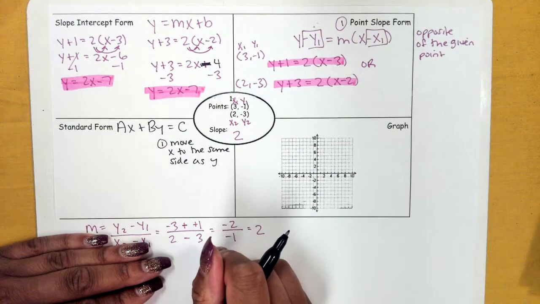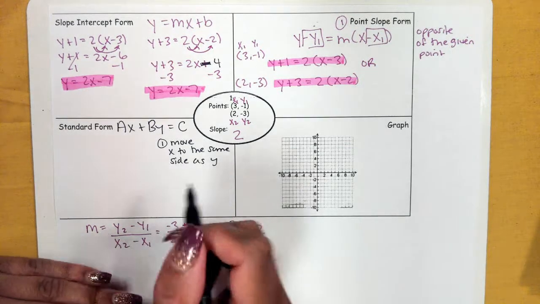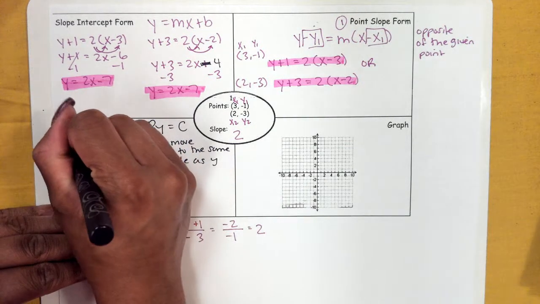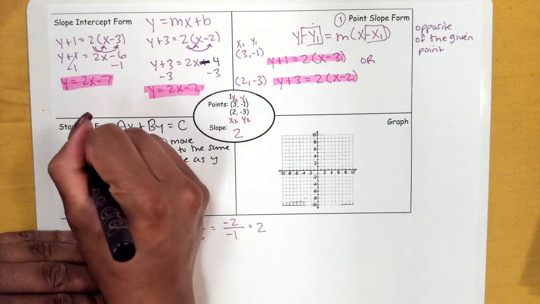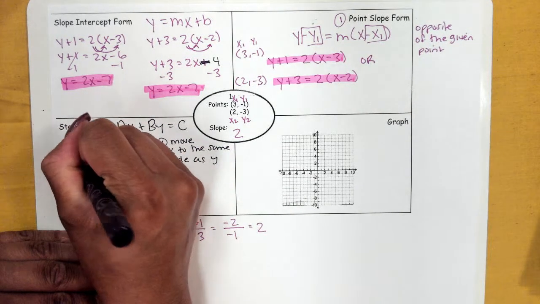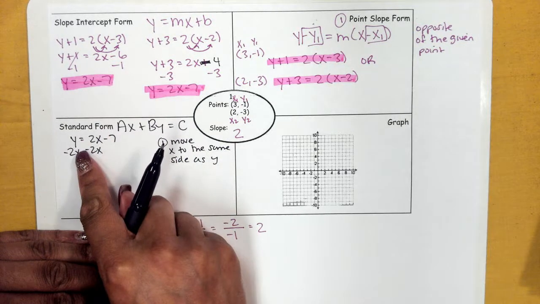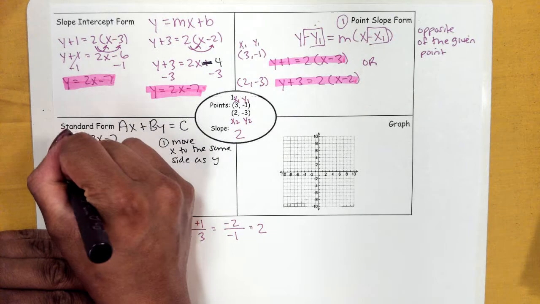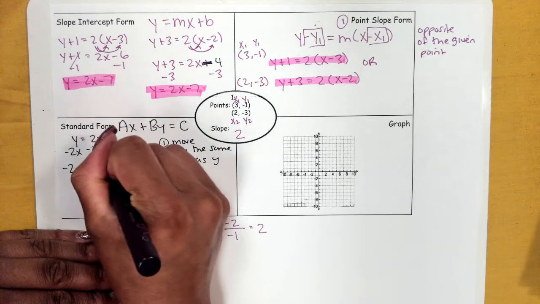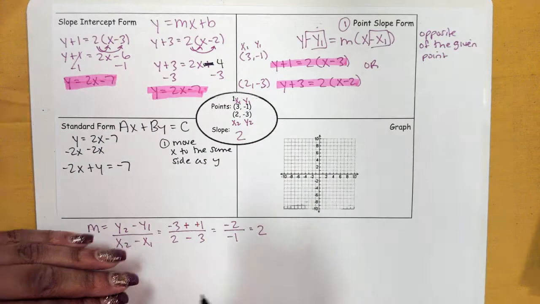So I have y equals 2x minus 7. Going to subtract 2x from both sides. So note, I cannot combine these two terms. They are not the same. So now I have negative 2x plus y equals negative 7.